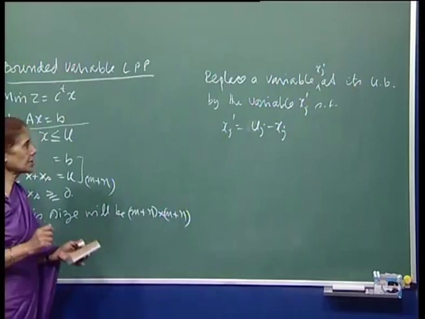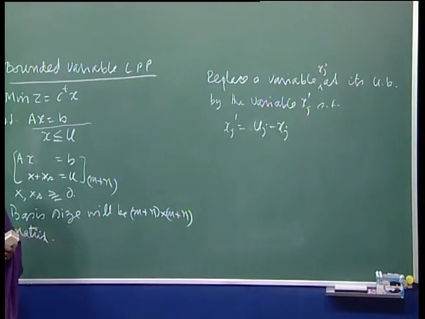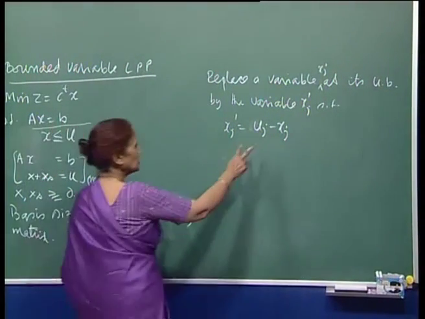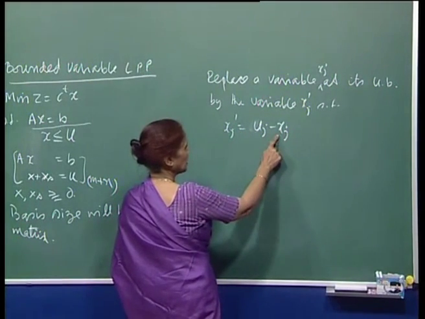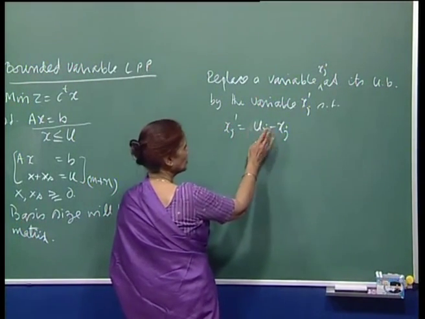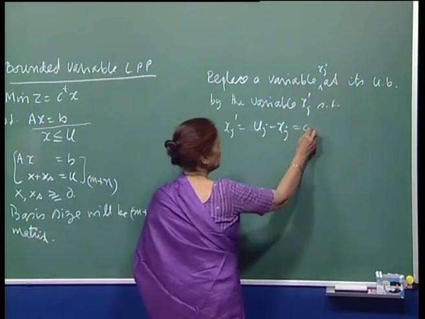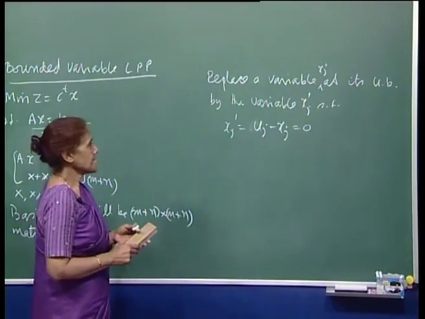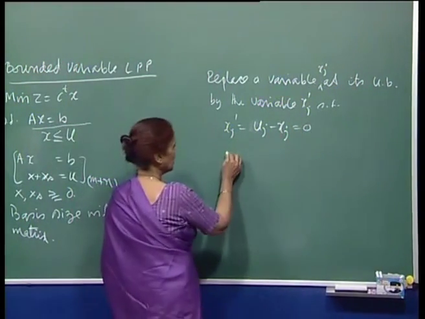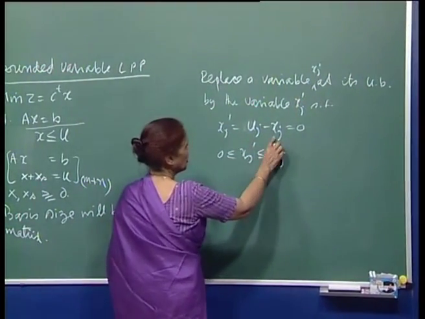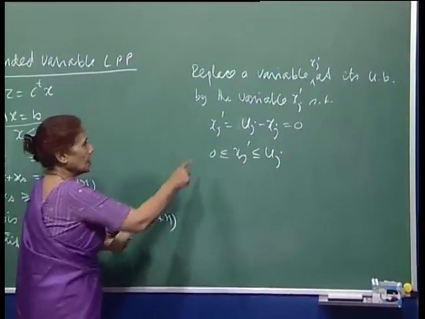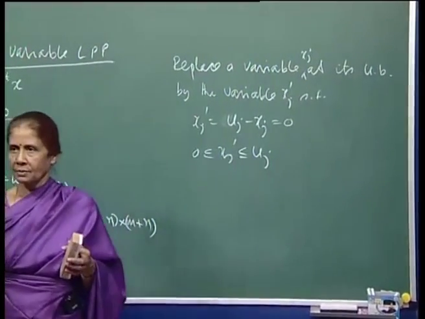So, currently x j is equal to u j, right. If I make the transformation x j prime is u j minus x j, then when x j is u j, x j prime is 0, right, and you also see that 0 is less than or equal to x j prime, which is less than or equal to u j, because x j has to be non-negative. So, x j prime cannot exceed u j, right.